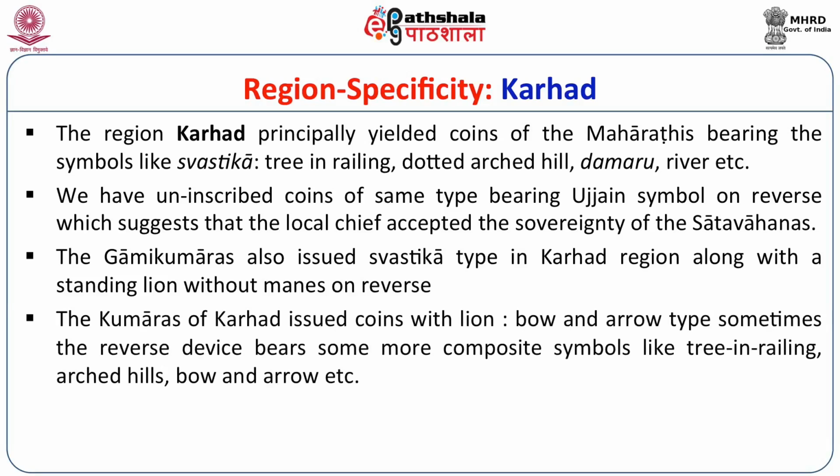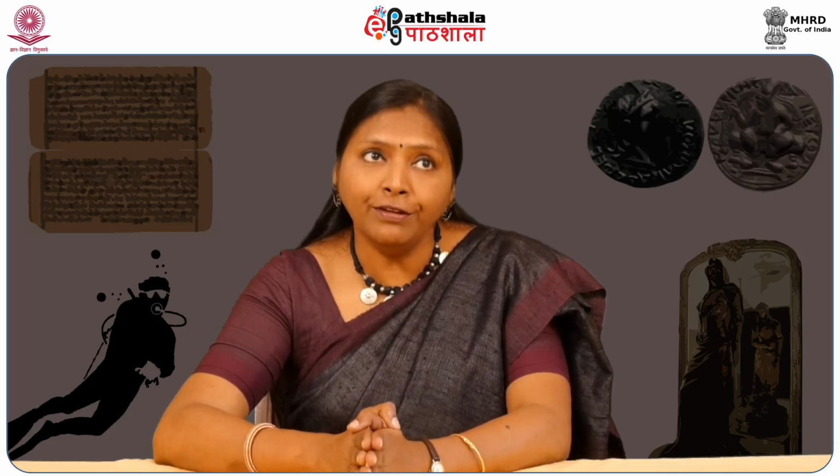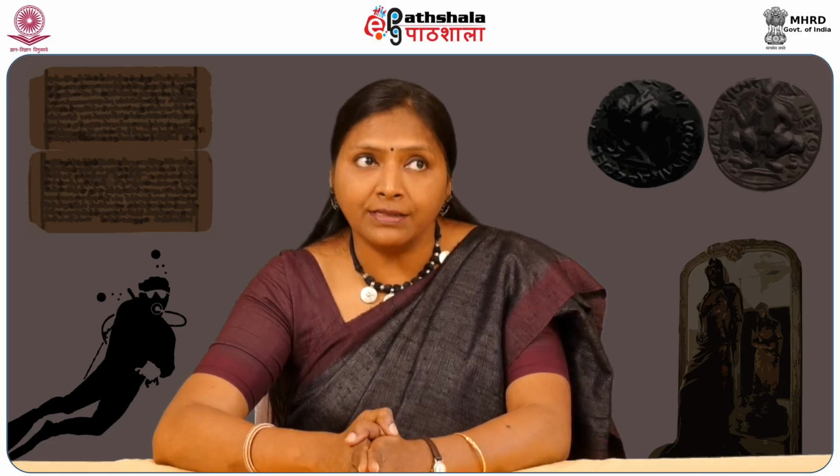Sometimes the reverse device bears some more composite symbols like tree in railing, arched hills, bow and arrow, etc. The Maharathis and the Mahagamikas of Kundapur supported the Satavahanas while the Mahatalavaras supported the Shakas. So now let us move to the Kundapur region where we find the Mahagamikas ruling and the Mahatalavaras also.